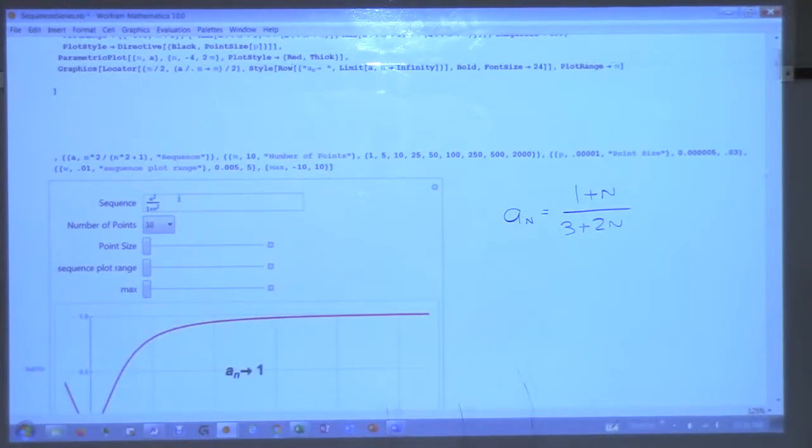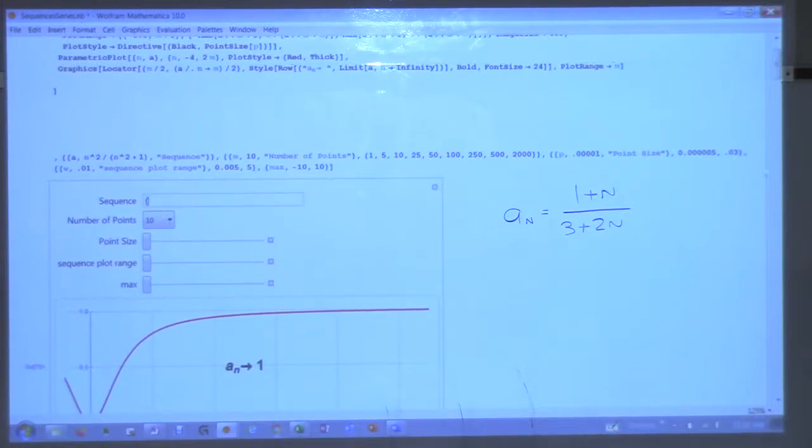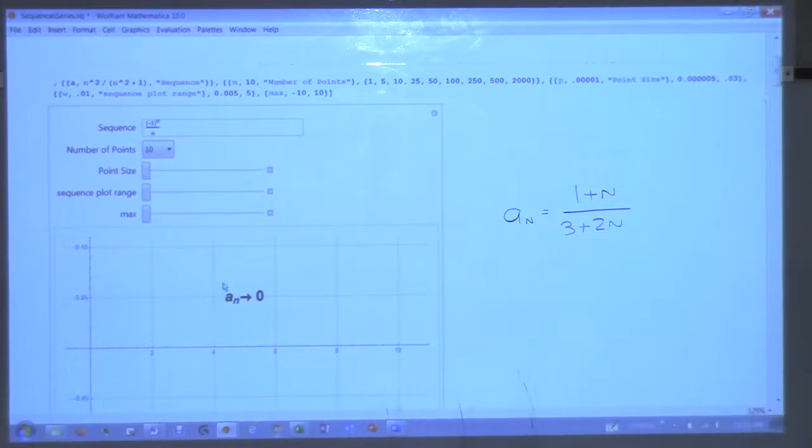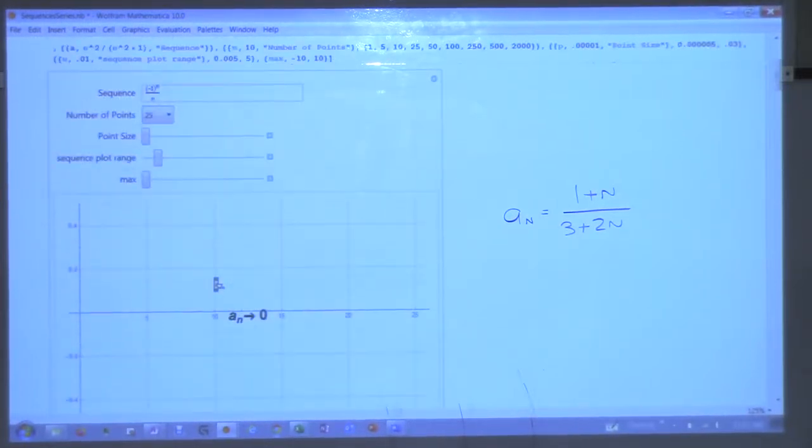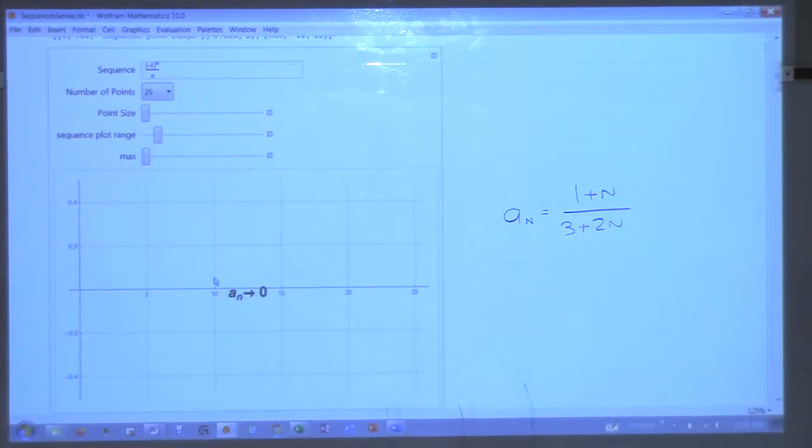Hold on, there we go. Okay, -1 raised to the n, divide that by n. It's tiny. You can see it just really small. Oh, here we go, point size. There they are. Okay, there we go.